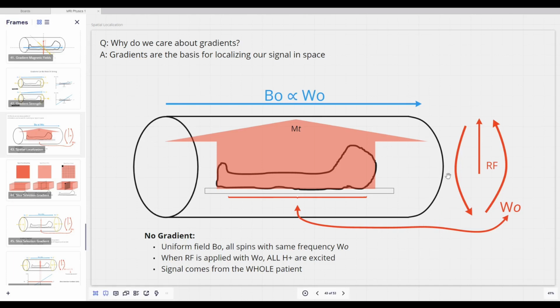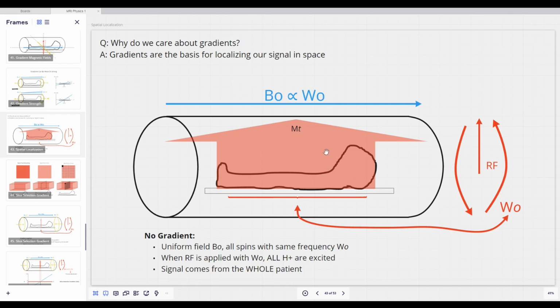This is what we have so far. This is our patient in our scanner. We have our uniform homogeneous magnetic field. We haven't applied any gradients yet. And in this patient, because the field is uniform and homogeneous throughout the patient, the spins are all the same, right? All the protons are spinning at this Larmor frequency.